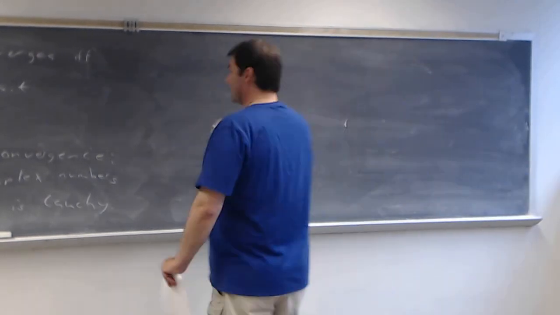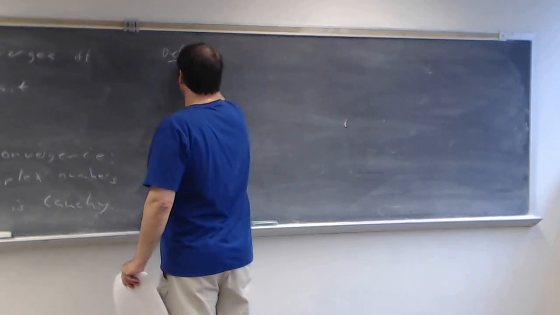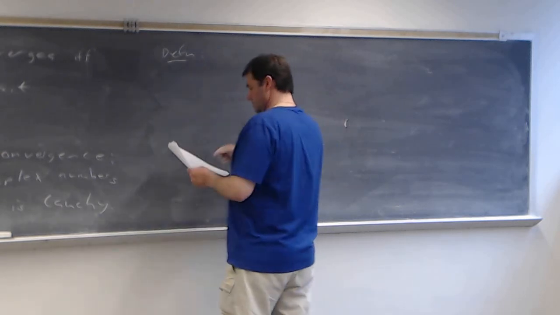Next thing we'll look at is the definition of what it means for a sequence of complex numbers to be Cauchy.